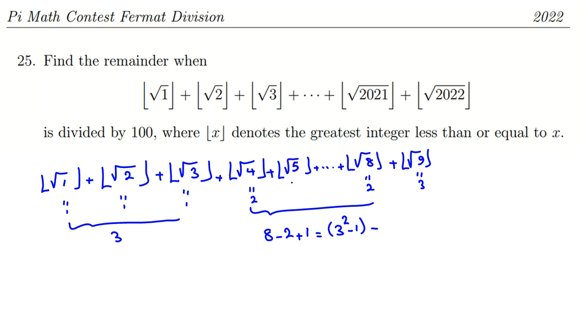So it is 3 squared minus 1 minus 2 squared plus 1. You can cancel these two things, and you will see 3 squared minus 2 squared. How many 2's are there? 8 minus 3, which is 5.